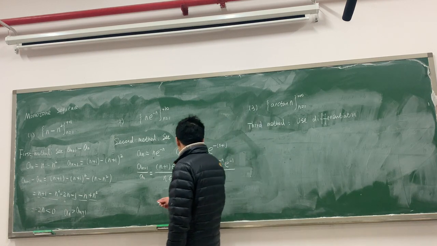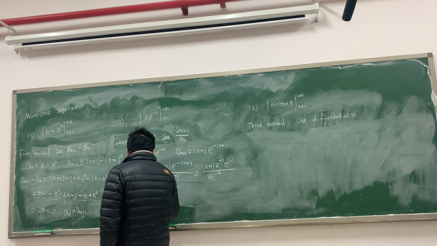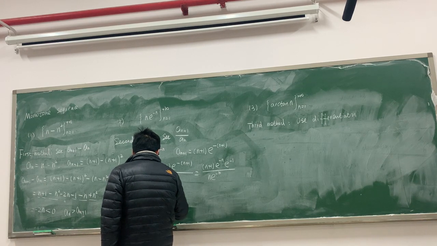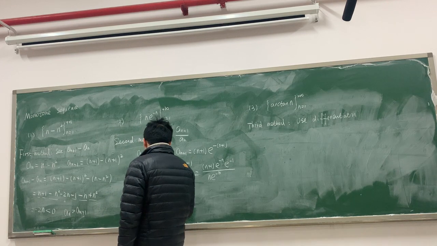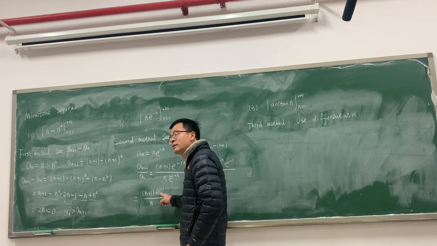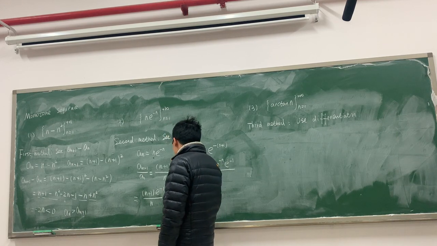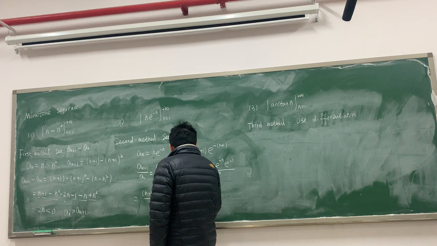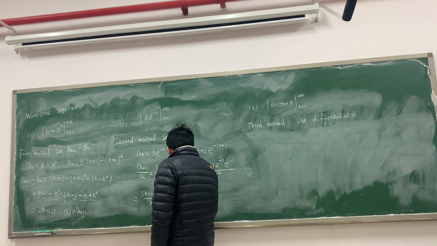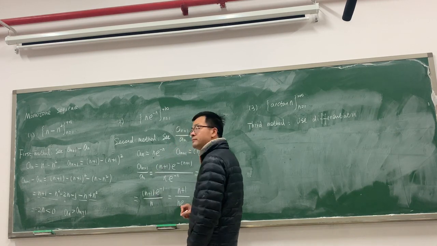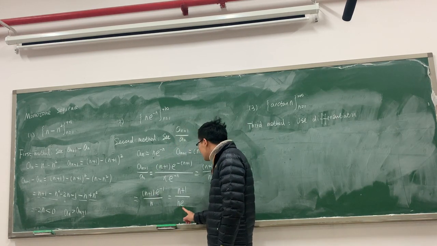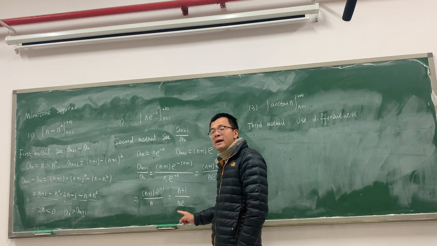So here should be (n+1) times e to the power of minus 1, and here is n. So we multiply by e on both sides. So here actually it is (n+1) over ne.